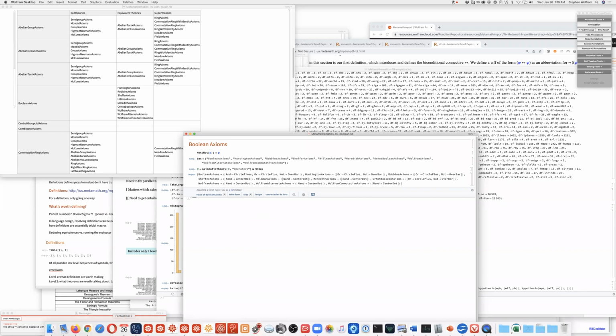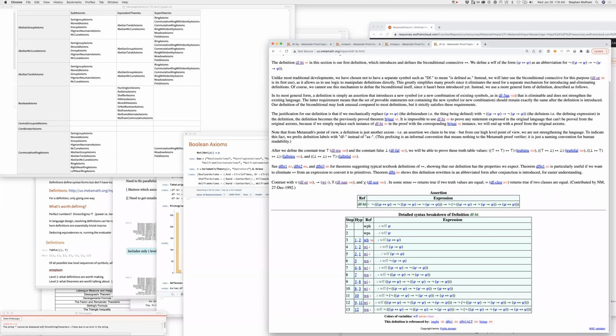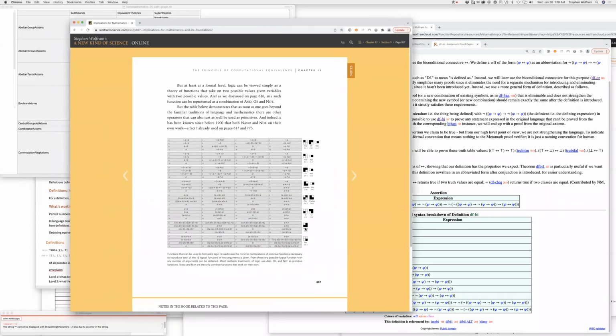I know I have a table of this in the NKS book. Here's the table.